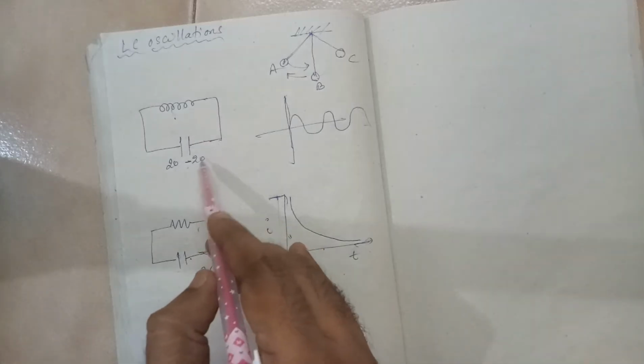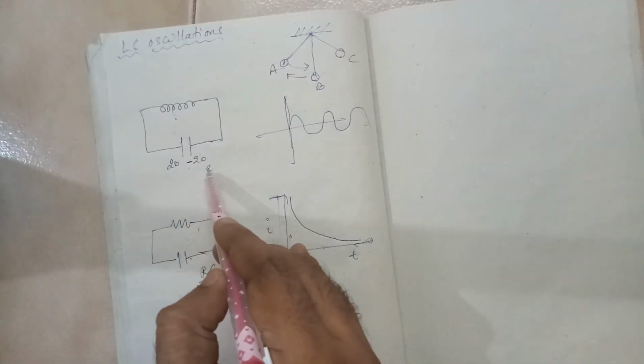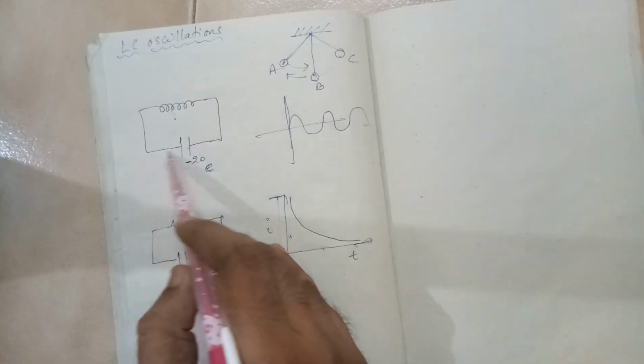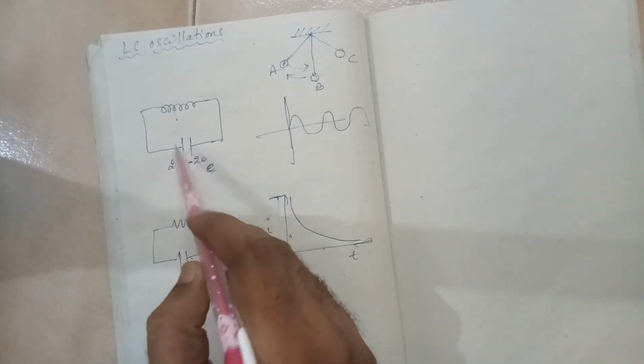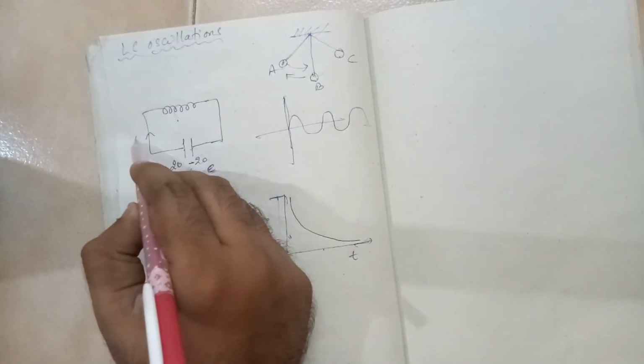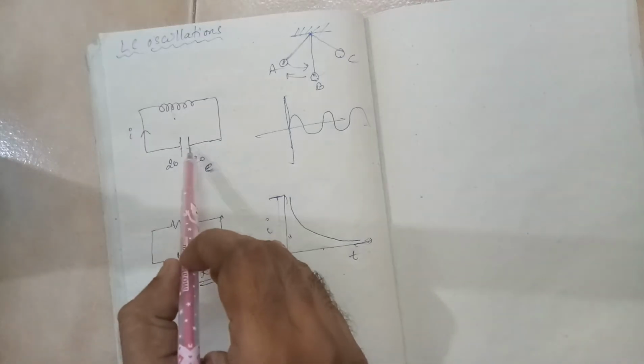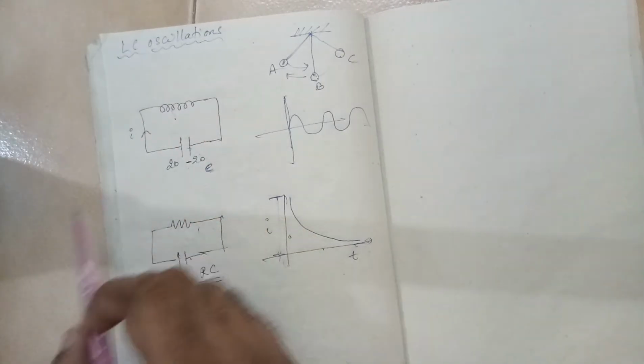If you say negative charge means here all the electrons are there, electrons will flow from one side and try to get to the other side. However, the direction of current is taken from positive to negative. This will be the direction of the current, but electrons will flow from this terminal to the other terminal.